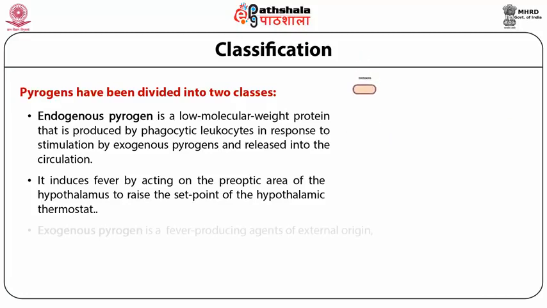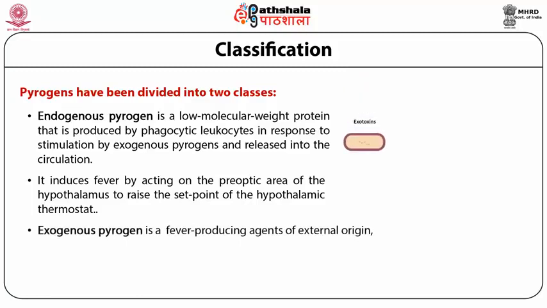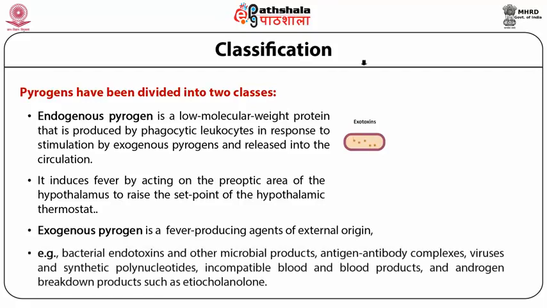The second is exogenous pyrogens, a fever-producing agent of external origin. Examples are bacterial endotoxin and other microbial products, antigen-antibody complexes, viruses and synthetic polynucleotides, incompatible blood and blood products, and androgen breakdown products such as etiocholanolone.